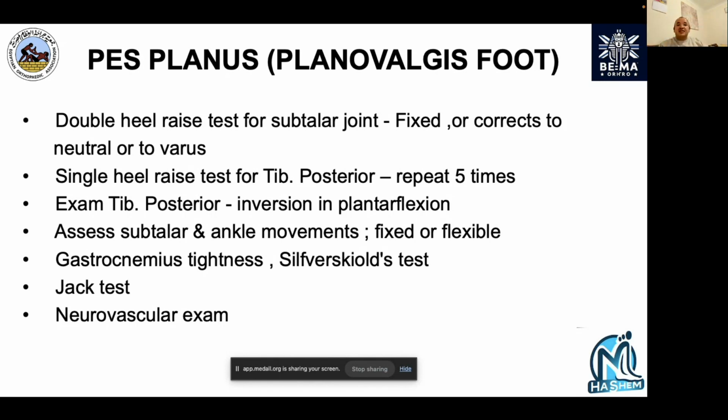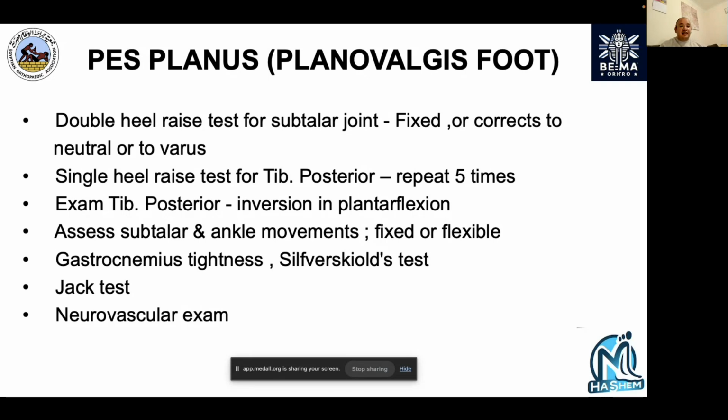If this happens, this means the subtalar joint is working. And why a double heel rise? Because even if he has a tibialis posterior insufficiency on one side, the other side will be helping the body to go on tiptoe. And once it goes on tiptoe, if the subtalar is supple, both heels will go into varus. So you're doing a double heel rise just to ensure that the subtalar joint is working and supple.